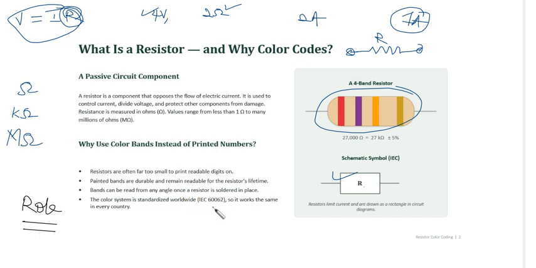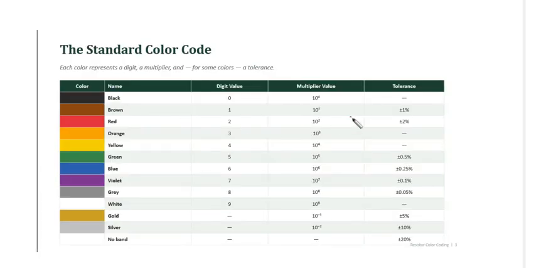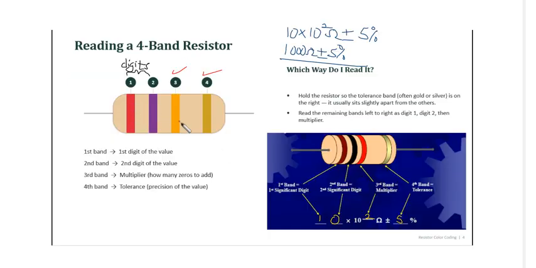So based on IEC standards, the black color does not have any tolerance value attached to it. Same thing goes for orange, yellow, and white. Now recall that we said these colors can play any role on the resistor based on their position.